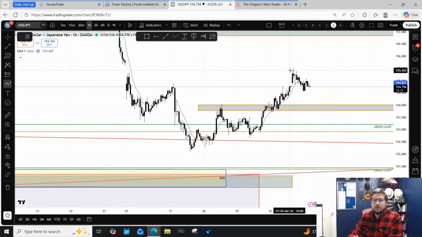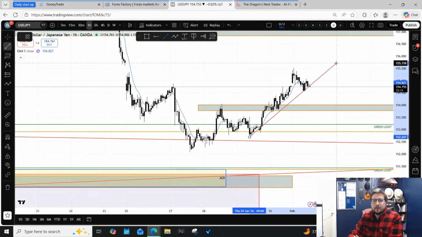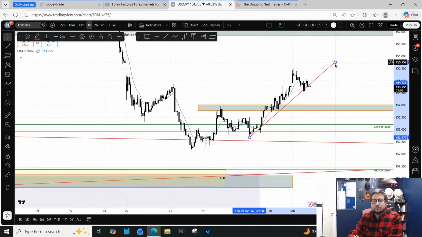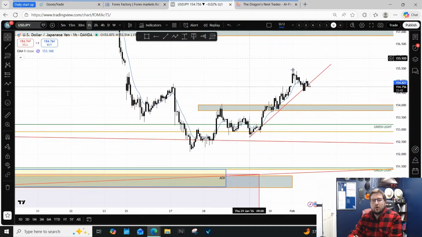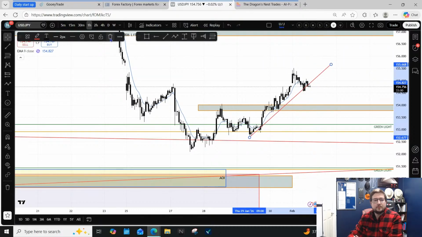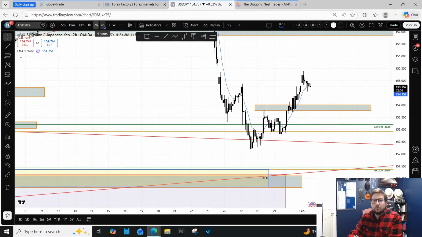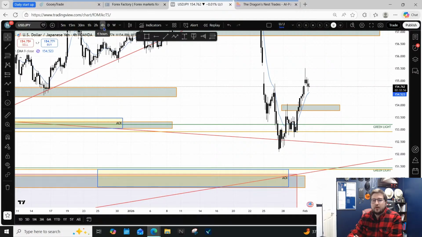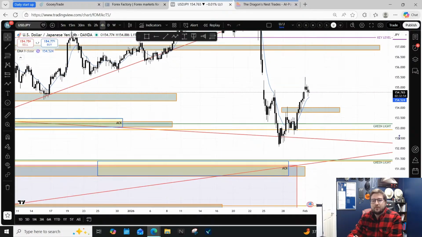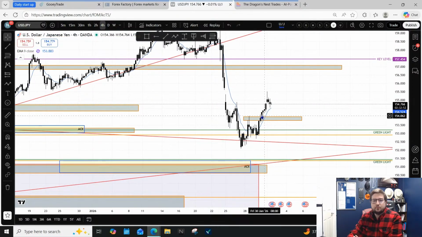I'm just notating all the information so you have it. Let's see. So we had this kind of uptrend forming here. So yeah, we're just holding this little bit of a trend line in a sense on the 1 hour. Yeah, not really too much as of right now.